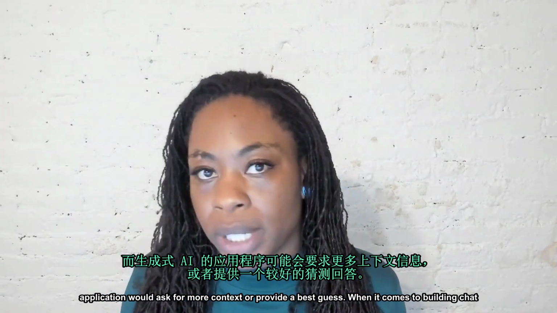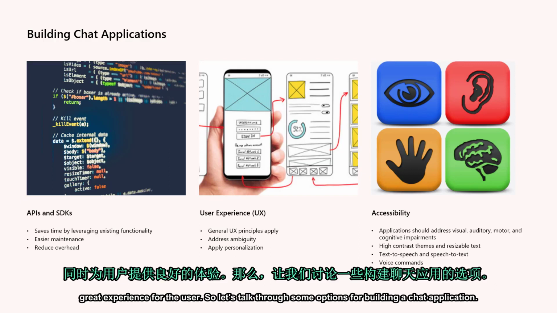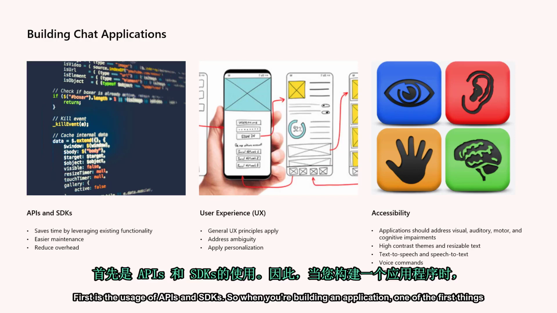When it comes to building chat applications, it's not always about making them smarter, but also making them performant and a great experience for the user. So let's talk through some options for building a chat application. First is the usage of APIs and SDKs.